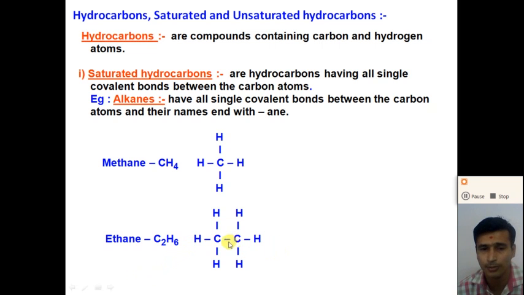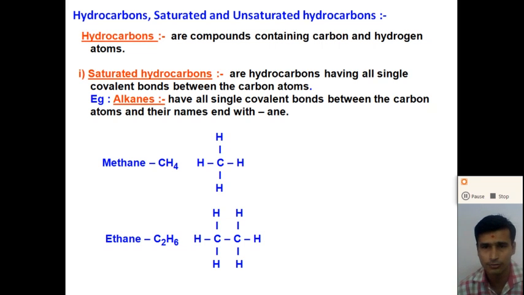This molecular formula, with two carbon atoms joined with 3 hydrogen atoms each, is called ethane, right? Similarly, we can take 3 carbons, 4 carbons, 5 carbons, 6 carbons, and all the covalent bonds in these hydrocarbons are single covalent bonds. So these are called saturated hydrocarbons, right?